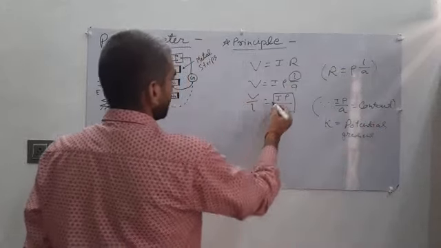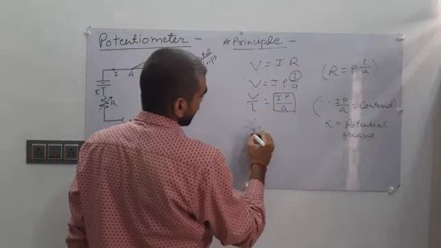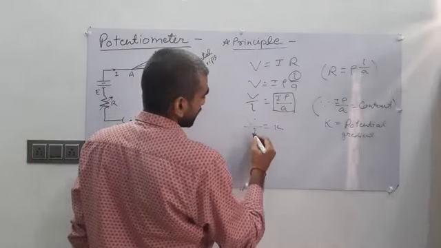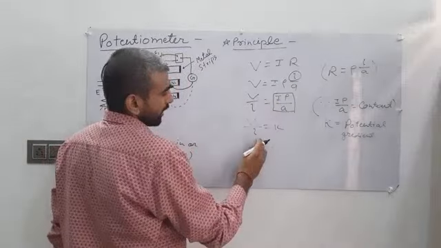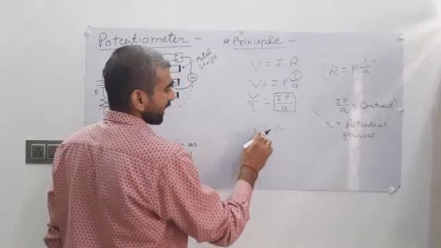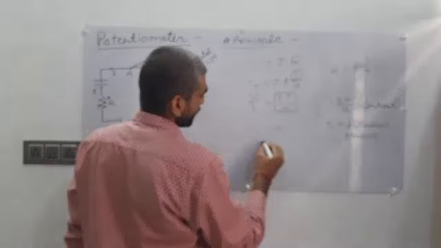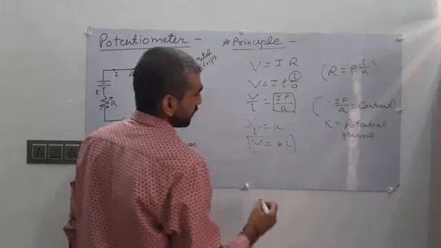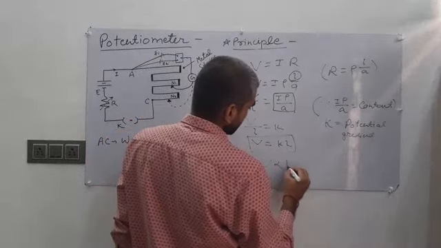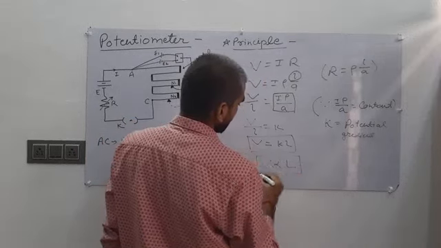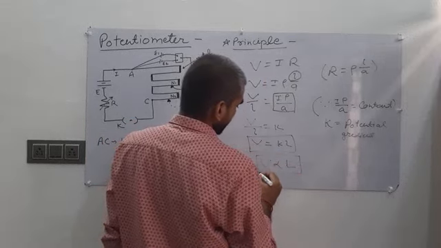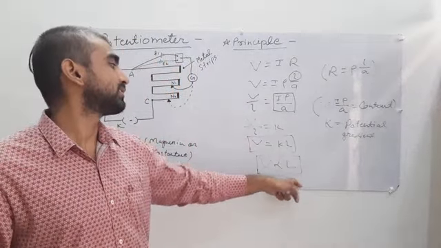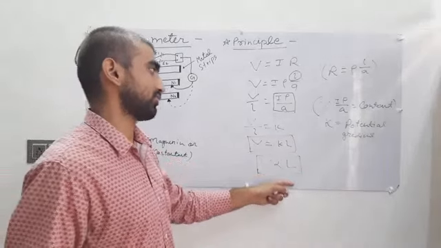Now this equation becomes V upon L equals K. If we again transfer L to the RHS, then V equals K L. That means V is directly proportional to L. That means the potential difference or voltage drop at any segment of the wire is directly proportional to its length. This is what the principle actually says.